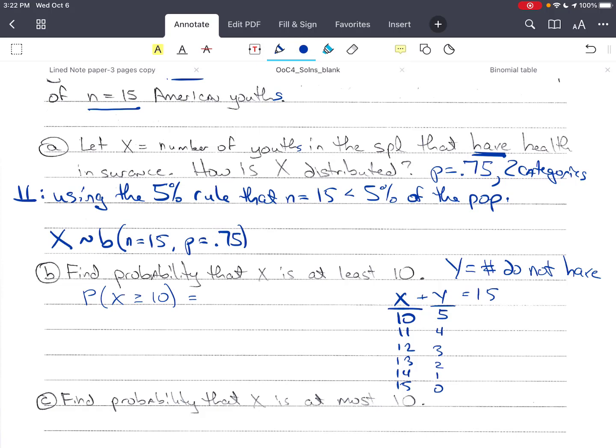Okay. So the probability that x is greater than or equal to 10 can be rewritten. We have x plus y is 15. I want to solve for y. Y is going to equal 15 minus x. Now, I'm going to do a transformation from x to y, and I need 15 minus x on the left side.